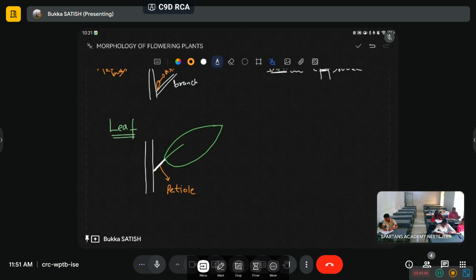This one is the leaf base. The stalk is what we call petiole. And this expanded part is what we call lamina. All this expanded part is what we call lamina.